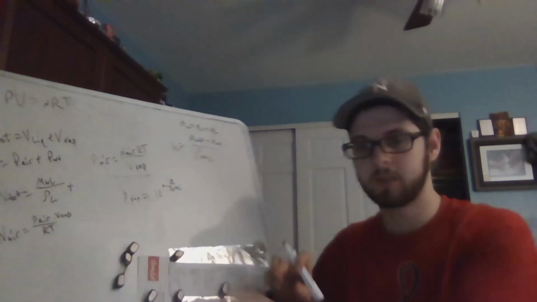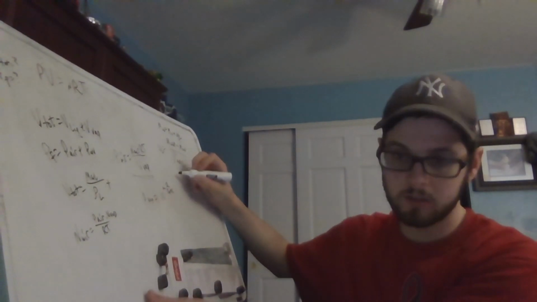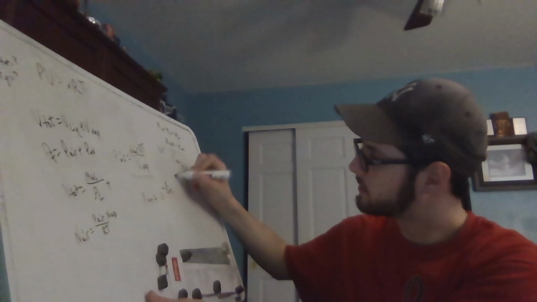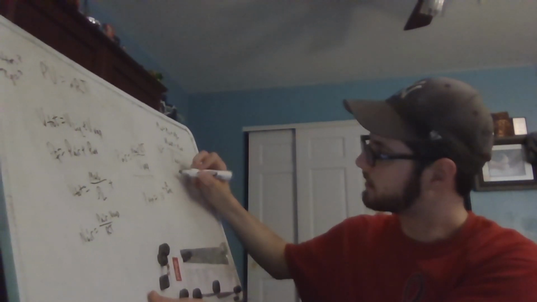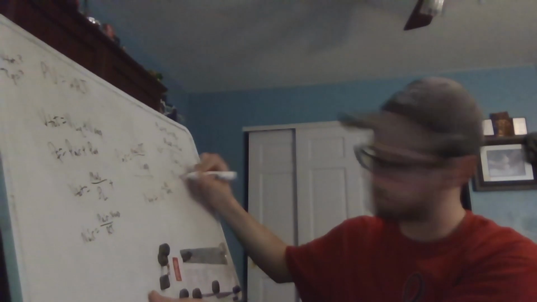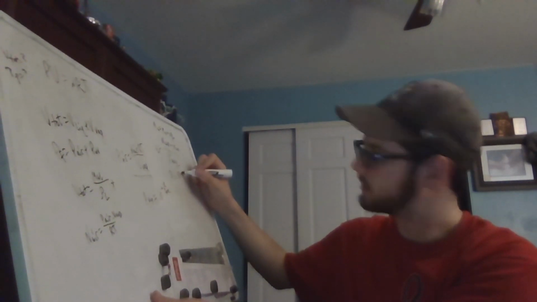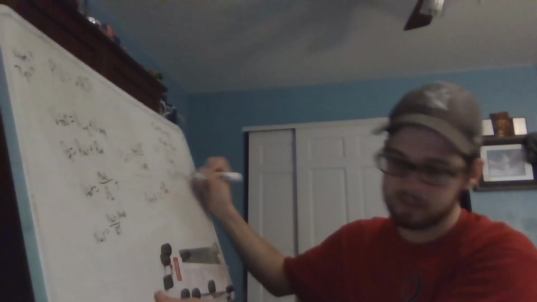Okay, so here's a correction for the last one I've written down. We have knowns for this, and I forgot to write those down. The initial pressure of air is equal to 101,325 pascals.